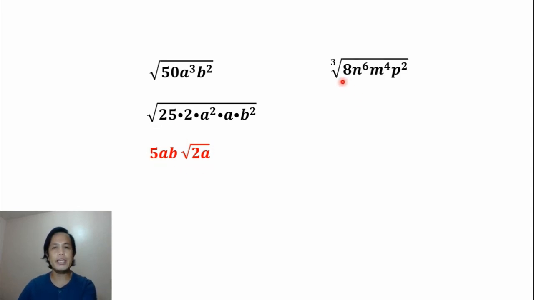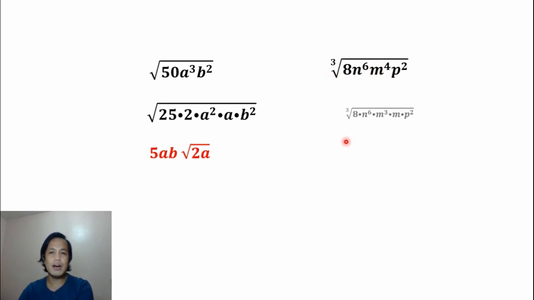For example, we are given the cube root of 8n raised to 6, m raised to 4, p raised to 2. 8 is already a perfect cube. Since 6 is divisible by 3 but 4 is not, we need to factor out m raised to 3.